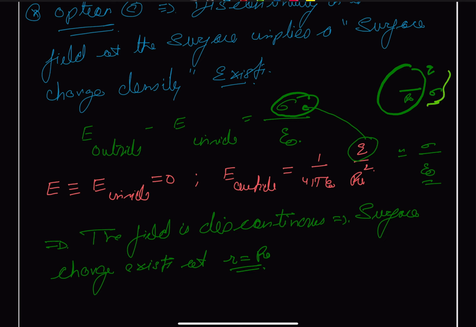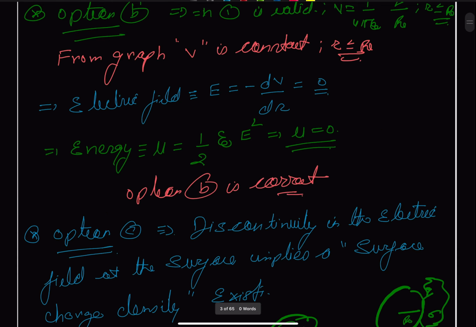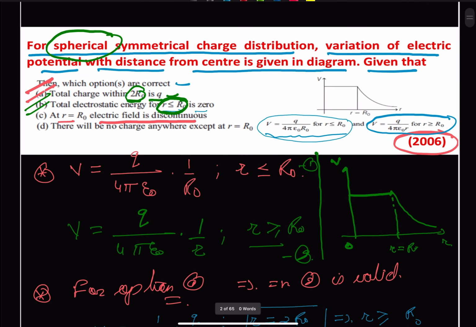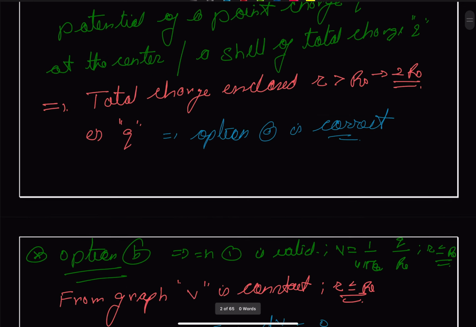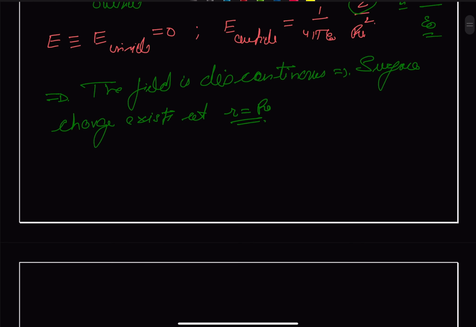So we can easily find out the relationship between the two, use it, and it is going to give the answer. Therefore the option C is also correct.